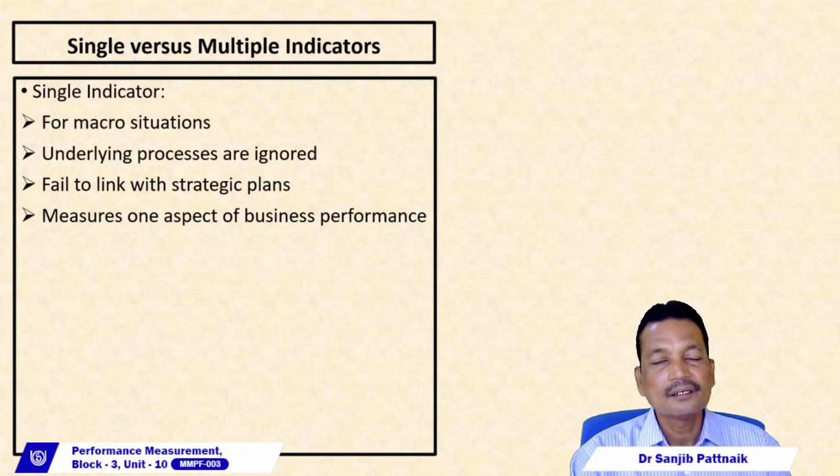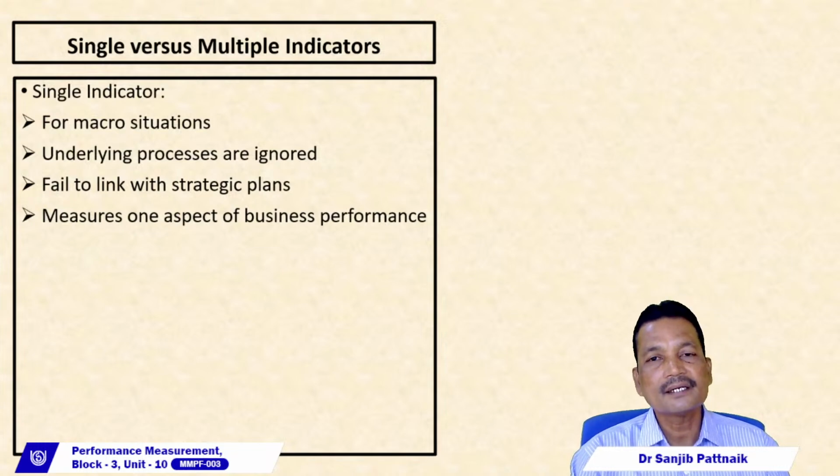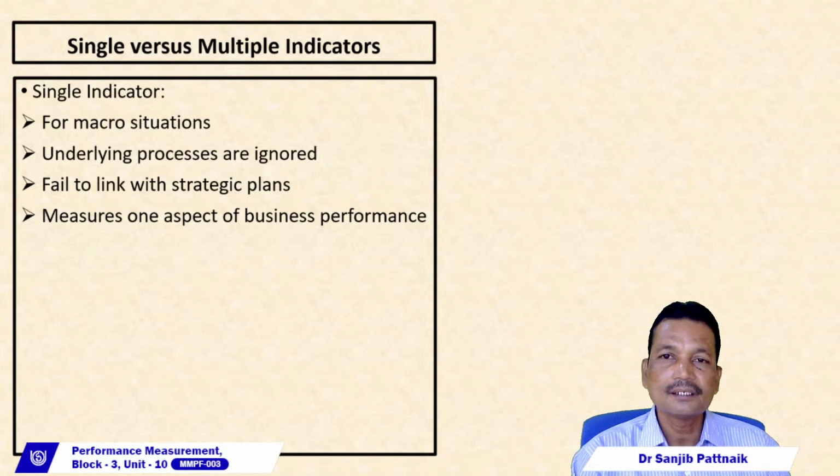But this single indicator may be comprised of many division indicators. Each division may also have numerous indicators according to the activities in that particular division. All these combine together to form the single indicator which is used by the organization as a whole.